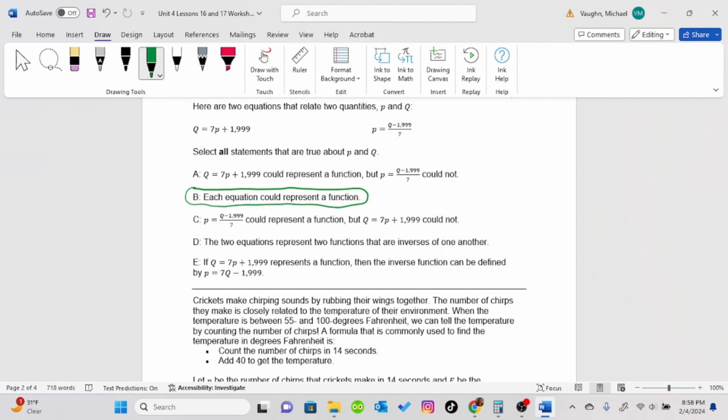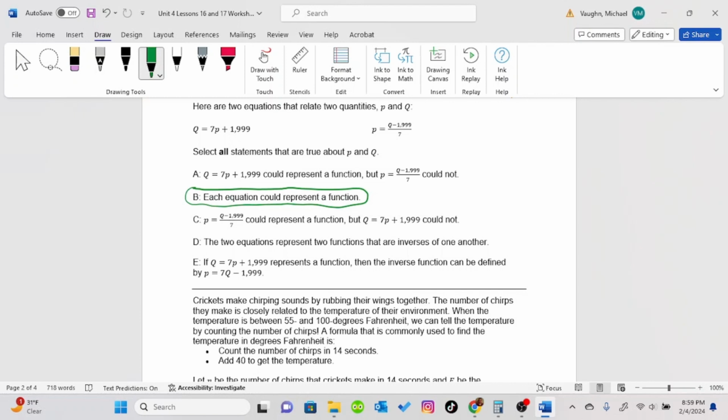Then if we look at D, the two equations represent two functions that are inverses of one another. And choice E, if Q equals 7P plus 1,999 represents a function, then the inverse function can be defined by P equals 7Q minus 1,999.